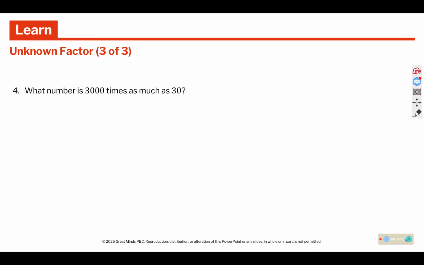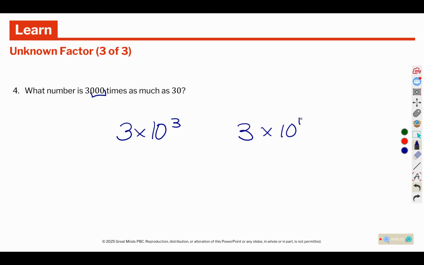What number is 3,000 times as much as 30? Well, I have 3,000 can be rewritten as 3 times 10 to the third. And 30 can be rewritten as 3 times 10 to the first power.